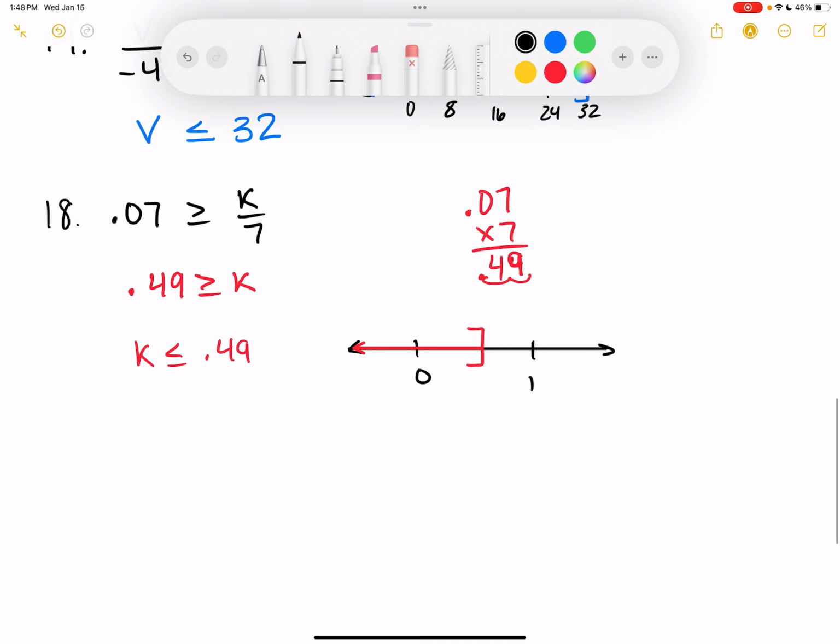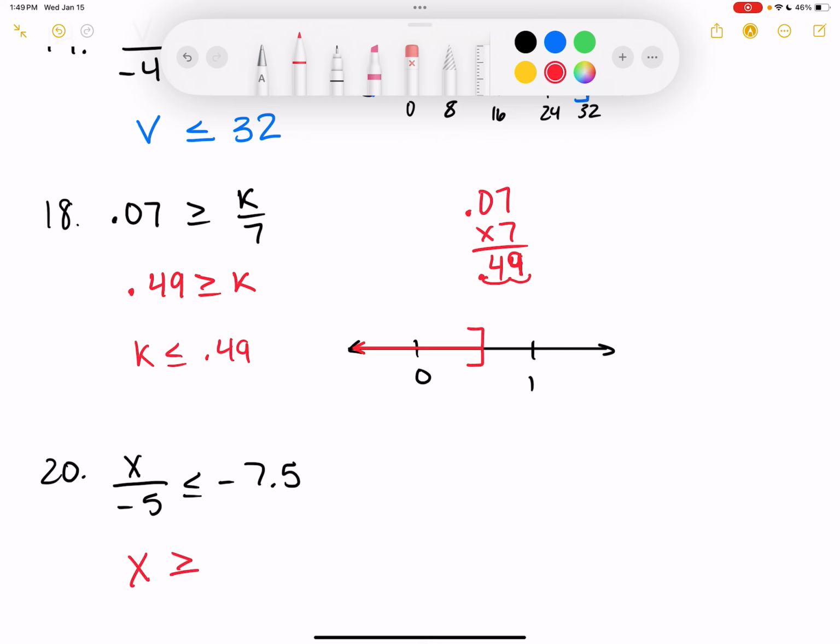20. X divided by negative 5 is less than or equal to negative 7.5. What happens when I do the multiplying by the negative?